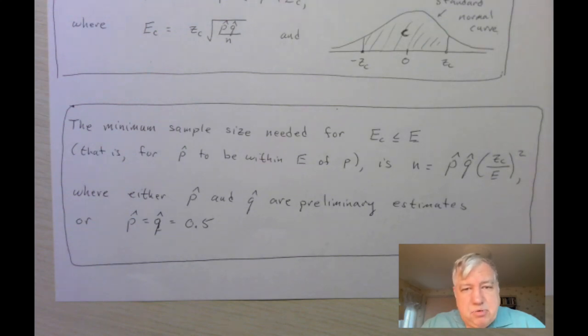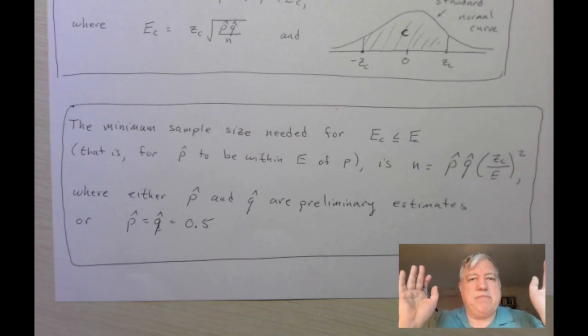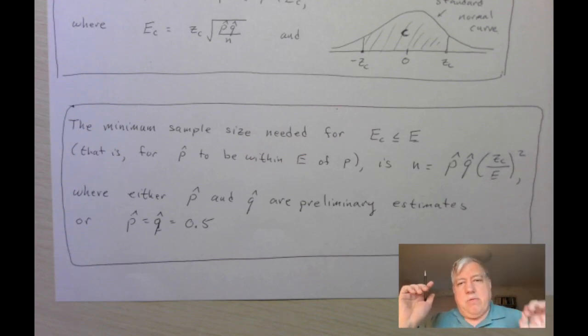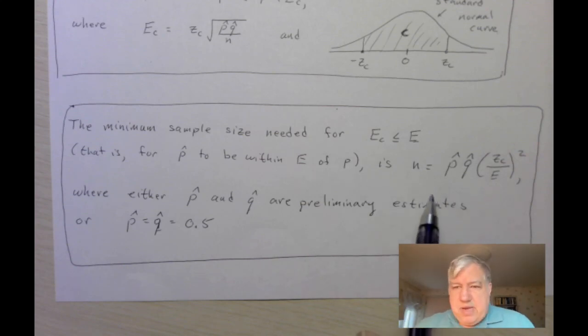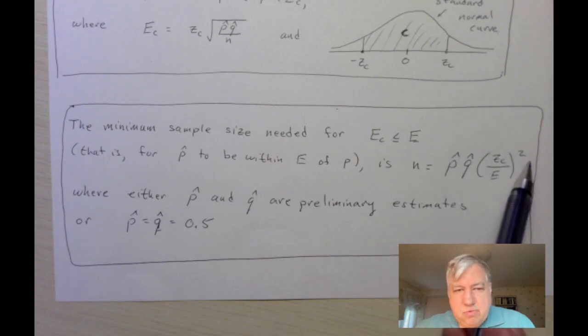The minimum sample size needed for E sub c to be less than or equal to E, so if we're given E and we want E to be our margin of error, is that we need n to be equal to or preferably greater than p hat times q hat times the quantity z sub c over E, squared.